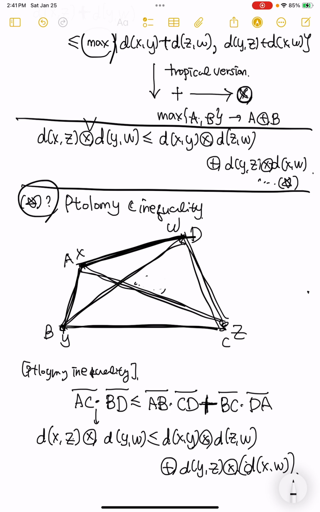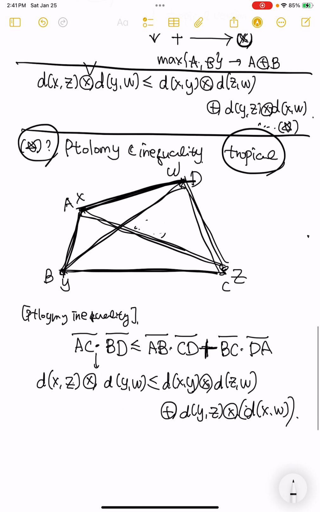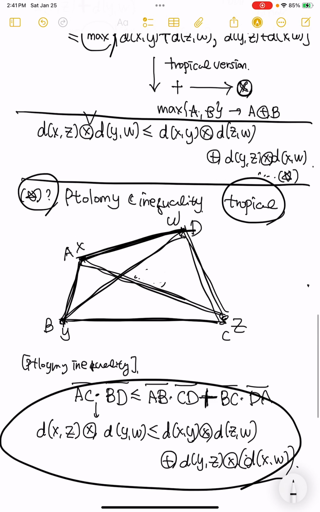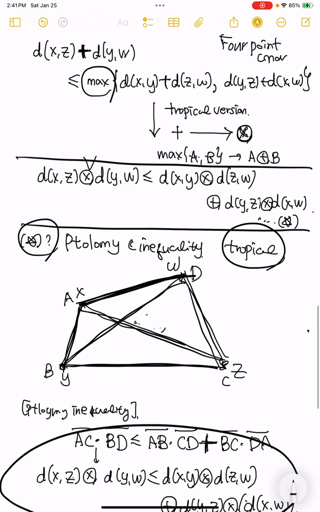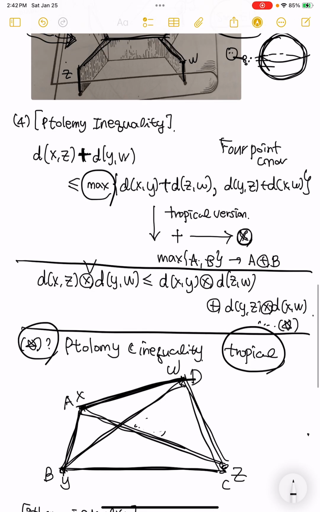So if we change the four-point condition into a tropical version, the result is the Ptolemy inequality. So in this respect, the four-point condition is related to tropical geometry.